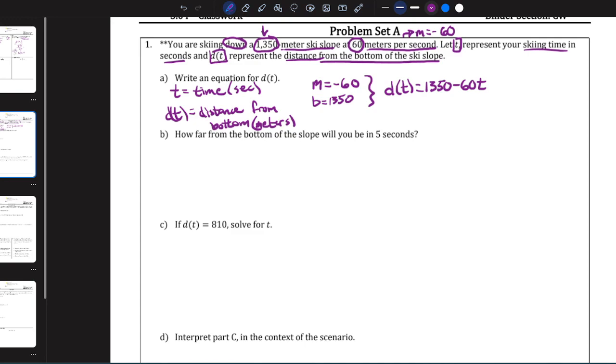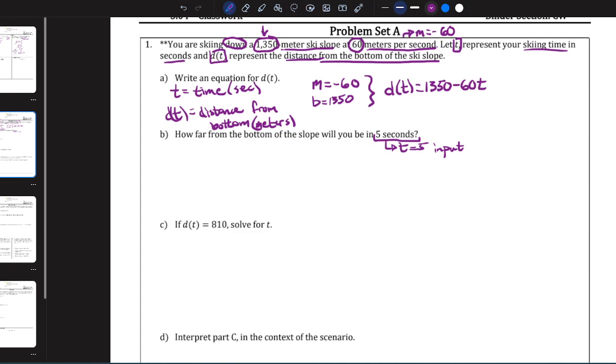And so now in part B, we want to see how far from the bottom of the slope you will be in 5 seconds. All right, 5 seconds. I know based on everything I've annotated and rewritten, this is a t value. And so this is t equals 5, which means that this is an input.